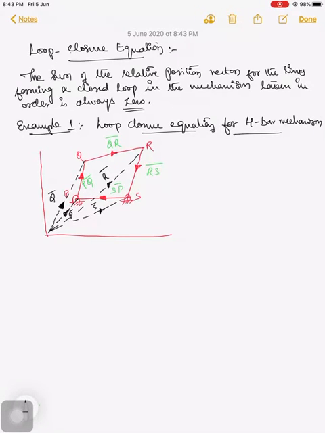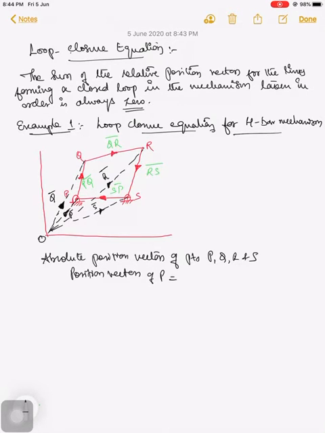Now let us first take the absolute position vectors of points P, Q, R and S. The position vector of P is given by OP, represented by vector P. Similarly, the position vector of Q is given by OQ, represented by Q, as I have represented already here.